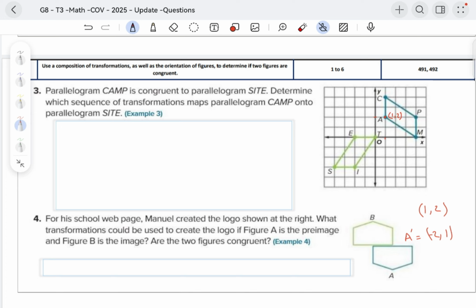Negative 2 and 1y, it will be here. Now for point C, the coordinates are 1x and 4y. Do the same, flip the position, 1 with 4, it will be 4, 1, and we put a negative sign, so it will be negative 4, 1. Negative 4, 1, it's here. This is A prime, and here we have C prime.